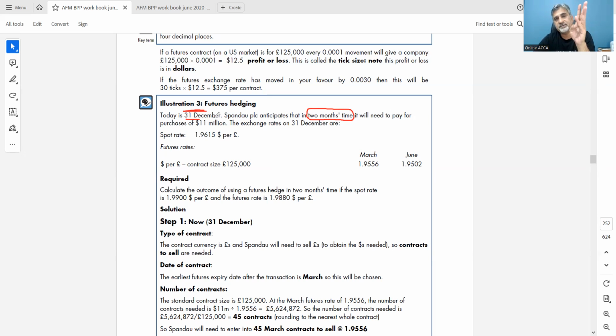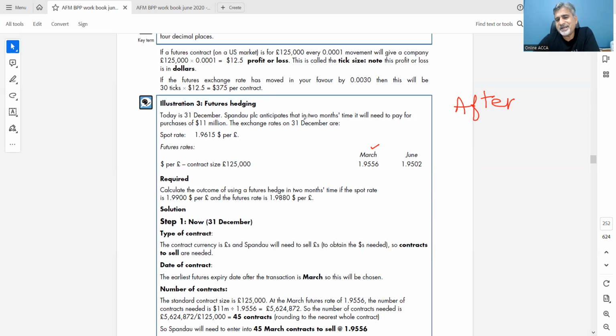So after this one, and by the way, when they say that these prices are March, this is not beginning of March. These are always end of March. This is end of June. This you should remember. They say March. So when you say March, is it middle of March, beginning of March? No, it is end of March. So the rule is that you have to pick up one which is after. I'm writing it down here so that you have a visual memory. You don't forget it. Immediately after the transaction date, and that is March.